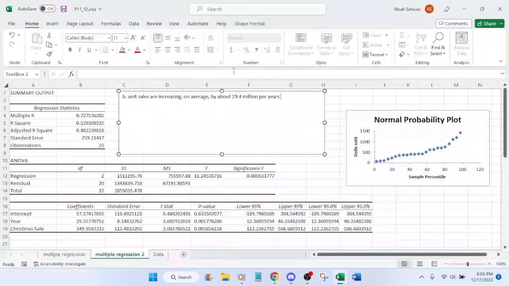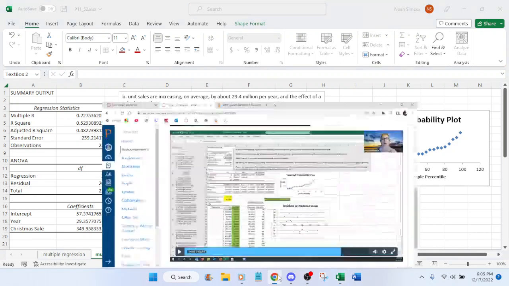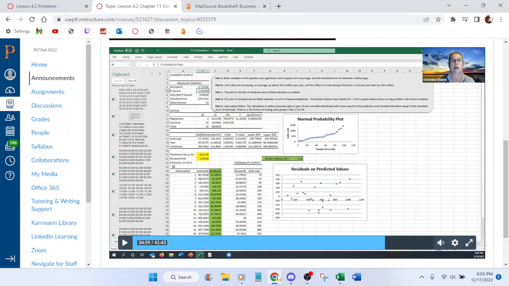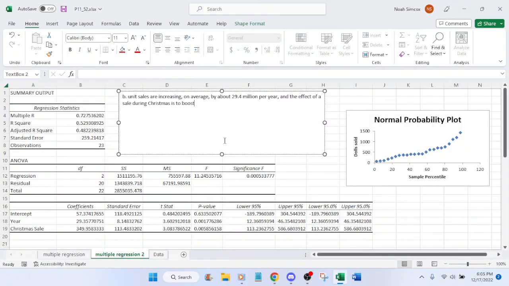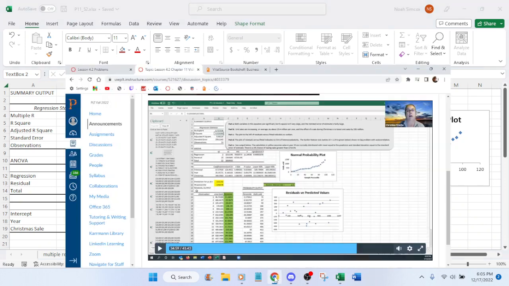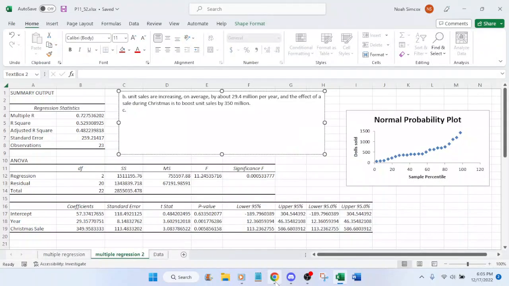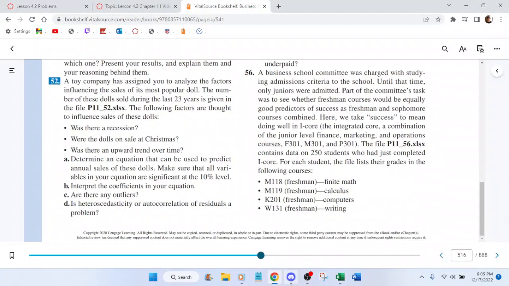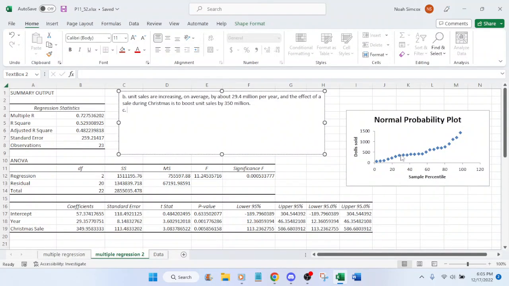And the effect of a sale during Christmas is to boost unit sales by 350 million. So that's interpreting those values. And what's the answer for C? Are there outliers? Where are you supposed to look for an outlier?